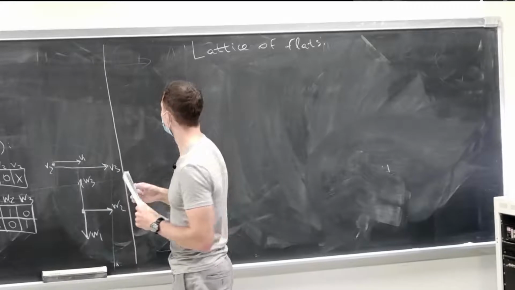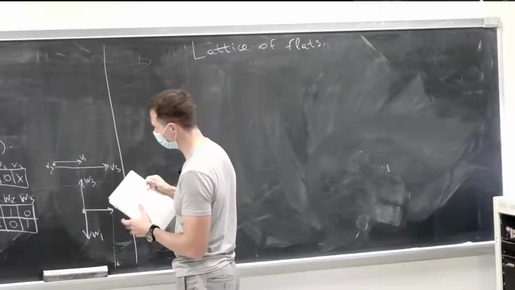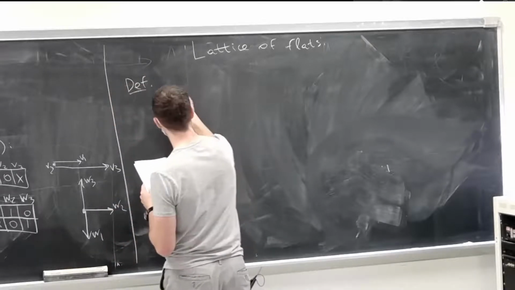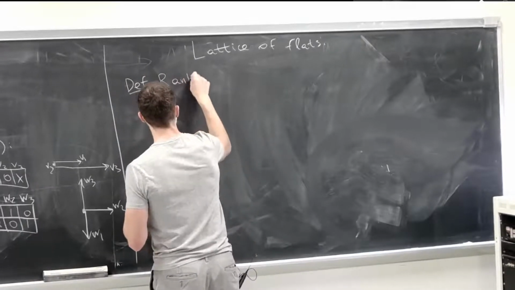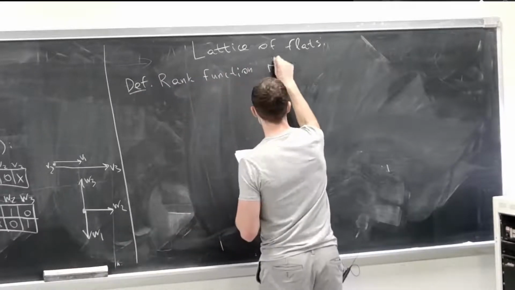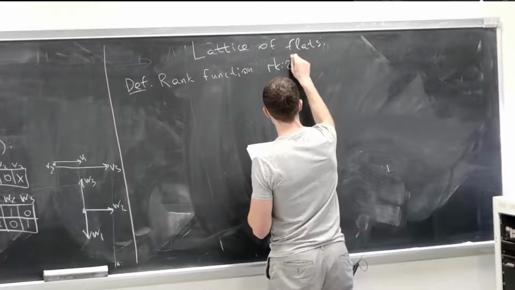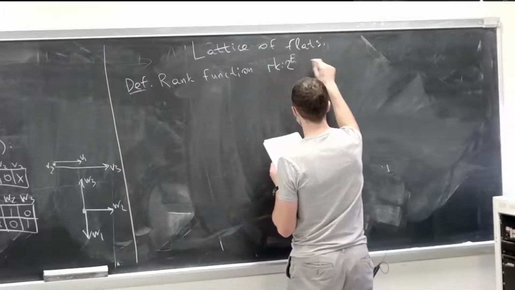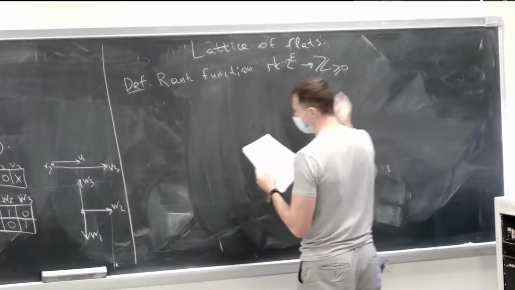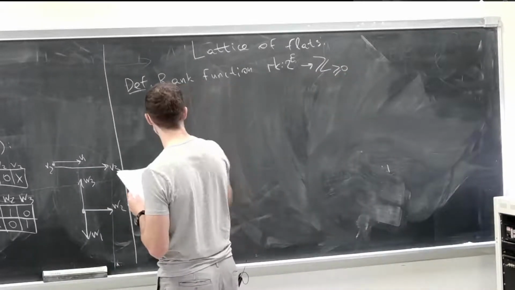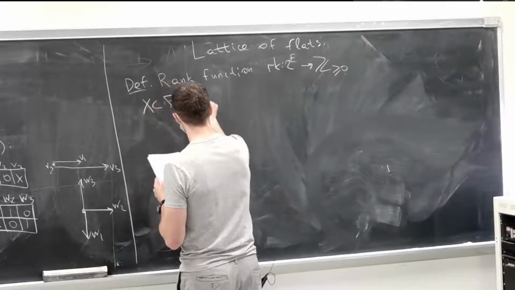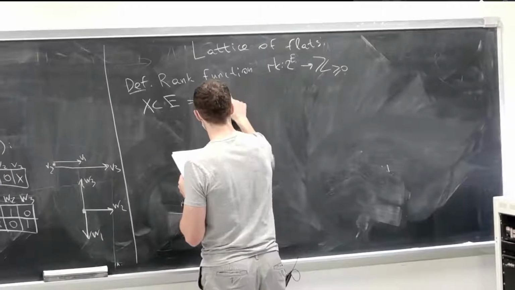First of all, let me mention another way to think about matroids, which is in terms of the rank function. The rank function Rk: to every subset of your ground set, you associate a rank, which is some non-negative integer.